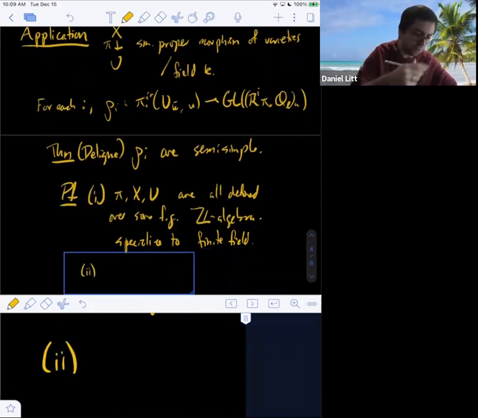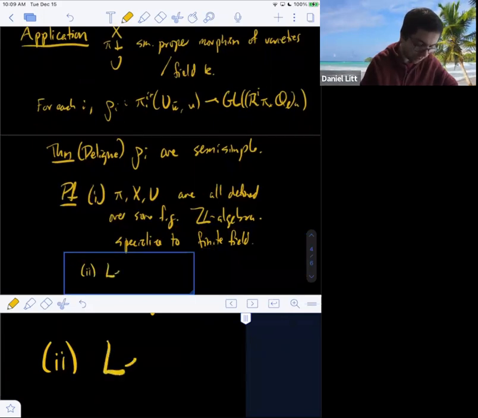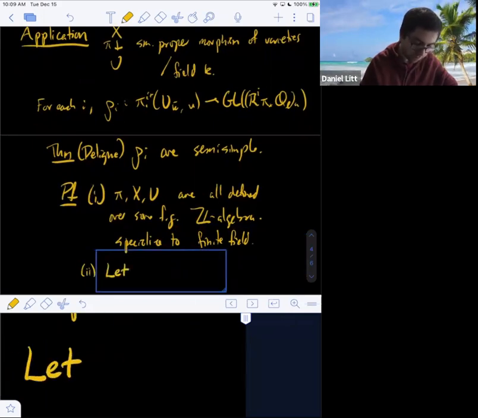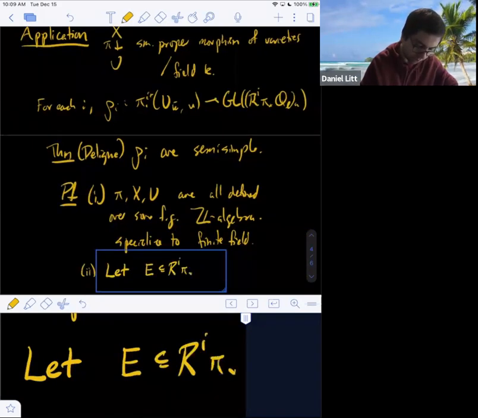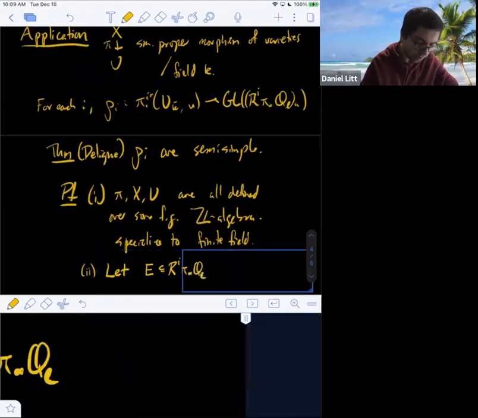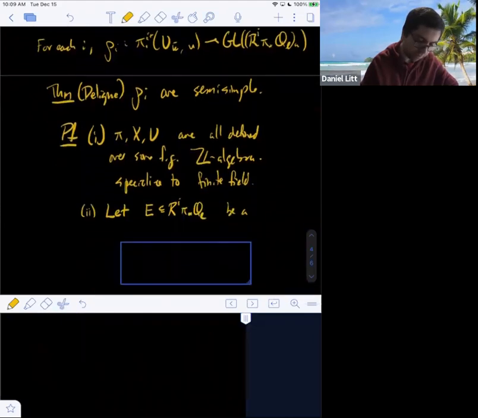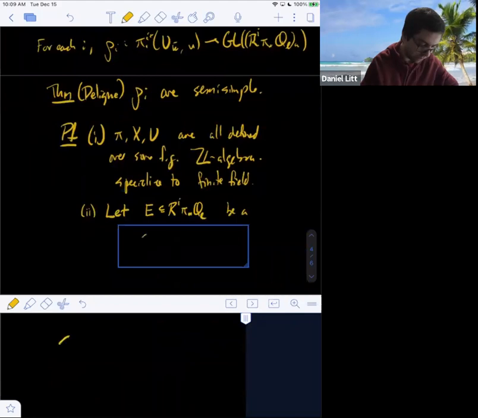Okay, so now what do we have? Let E inside of R^i pi_* Q_l be a locally constant subsheaf.